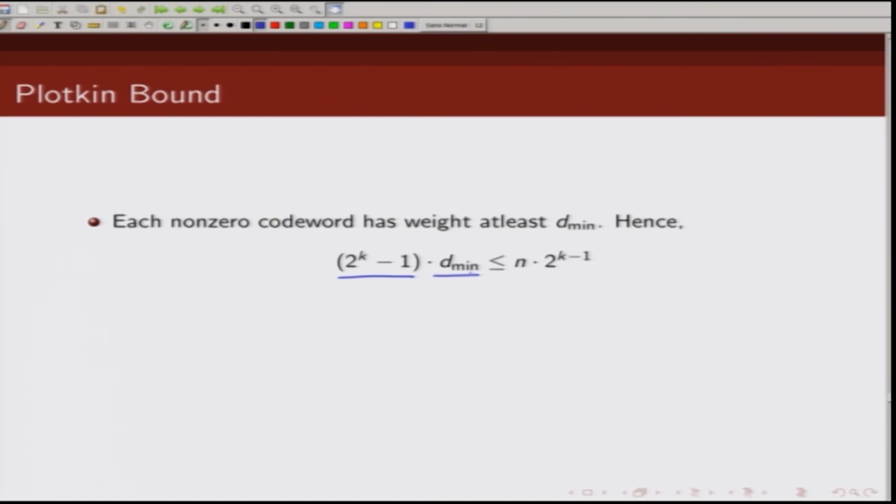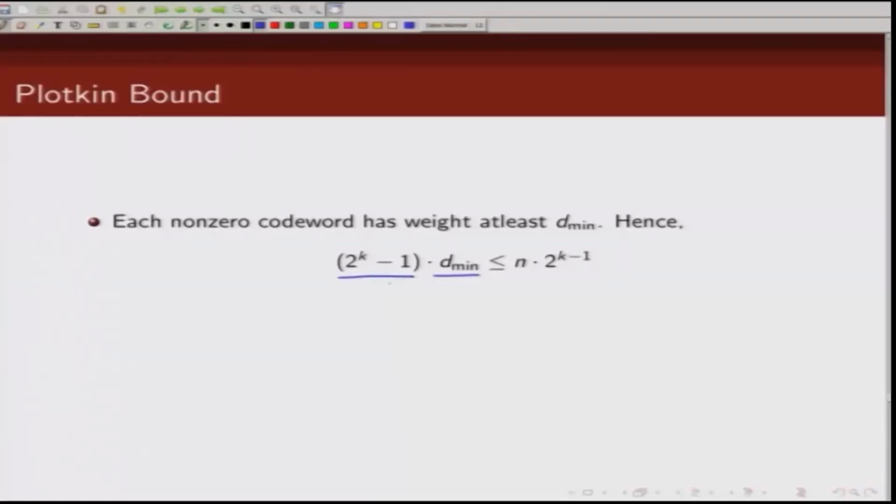Multiplying these, this number should be less than or equal to the number of ones in this array.